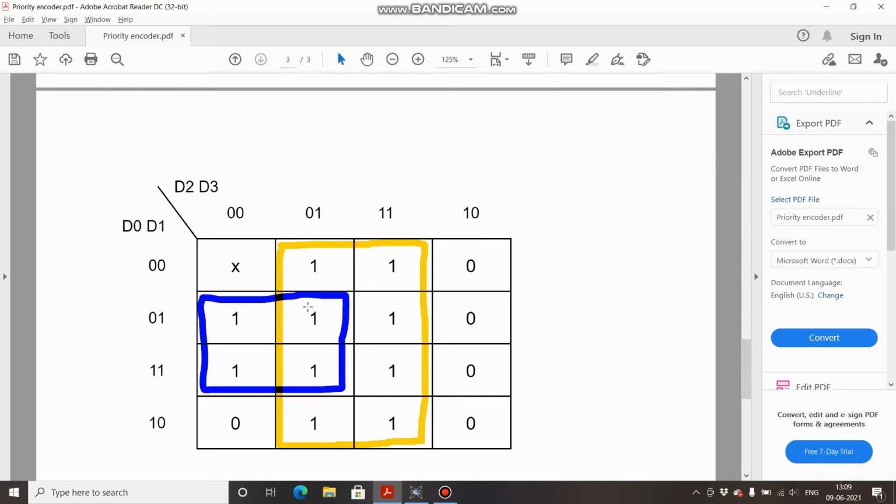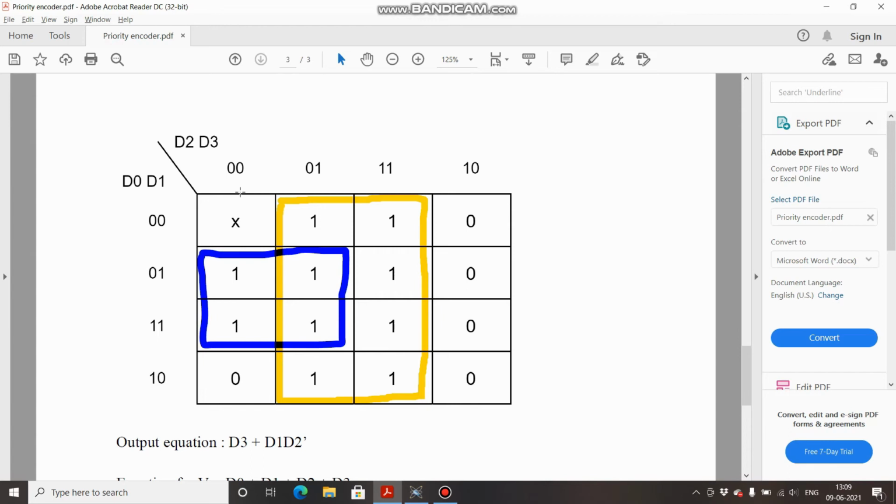For the blue colored pair, between D0 and D1, D1 is the same whereas D0 is changing, so we'll ignore D0 and take D1. And between D2 and D3, D2 is the same, but it's 0. So it will be D1 D2 bar. For this yellow colored pair, D0 and D1 are both changing, but between D2 and D3, D3 is the same, so we'll take it. So the equation becomes D3 plus D1 D2 bar.